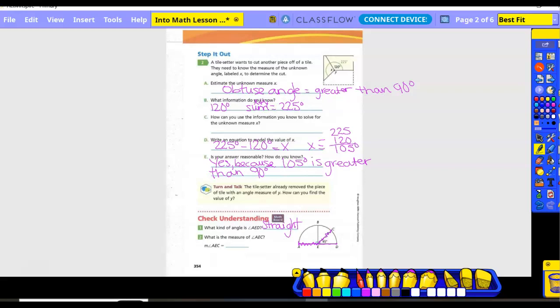Okay, so AEC is what type of angle? Obtuse. So we know it's going to be more than 90, right? Okay, now we know that AED is 180. So how can I find AEC without having to use my protractor? Am I going to use 90? 180 minus what?